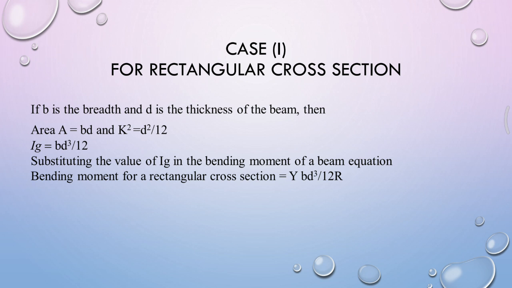It can also be written as Y by r into b d cube by 12. It is easy to remember as Y by r into b d cube by 12.